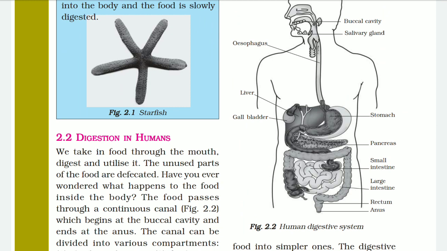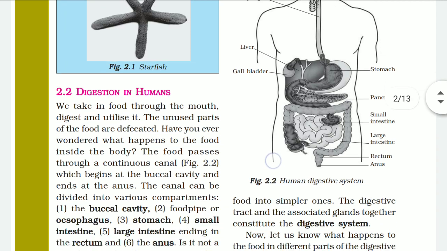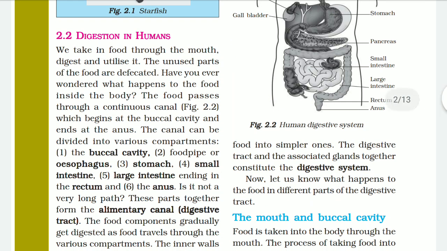We take in food through the mouth, digest and utilize it. The unused part of the food is defecated. Have you ever wondered what happens to the food inside the body? The food passes through a continuous canal, a pipeline or a structure within our body, which begins at the buccal cavity and ends at the anus. The canal can be divided into various compartments.